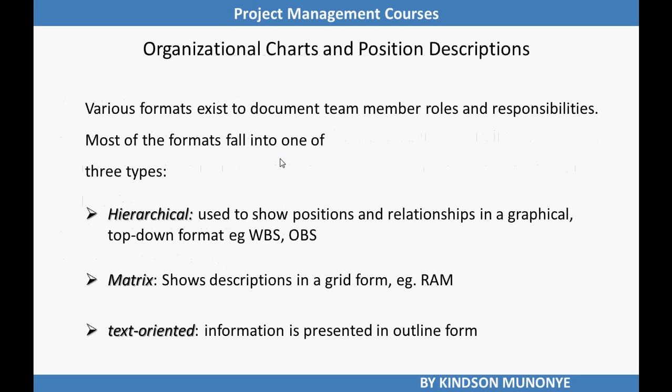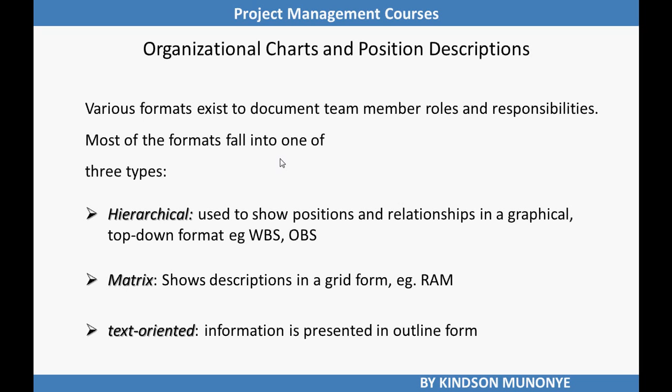Various formats exist to document team member roles and responsibilities, and most of the formats fall into 3 types. Hierarchical, used to show position and relationships in graphical top-down format. Examples are WBS, that's the work breakdown structure, and OBS, organizational breakdown structure. We also have the resource breakdown structure, RBS.